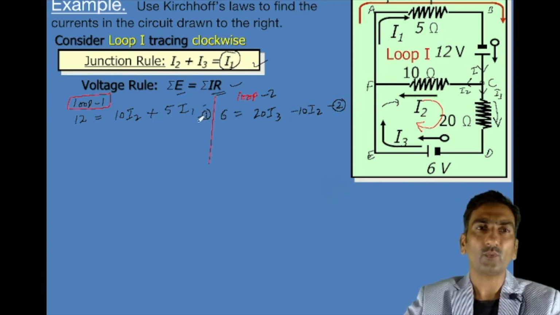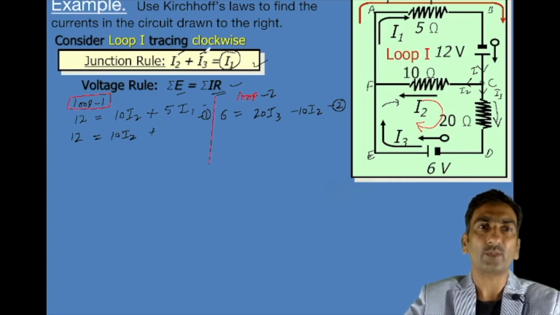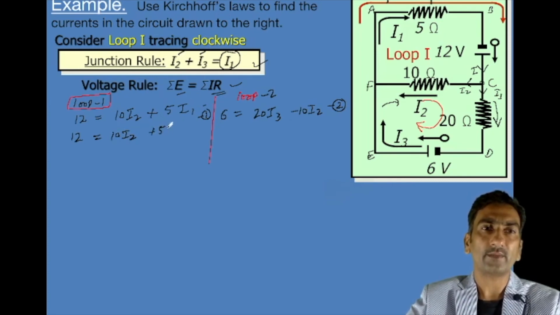So in equation 1, I1 can be replaced, so it becomes 12 equals 10 I2 plus 5 I1. I1 can be written as I2 plus I3, so we can write it here 5 I2 plus 5 I3.